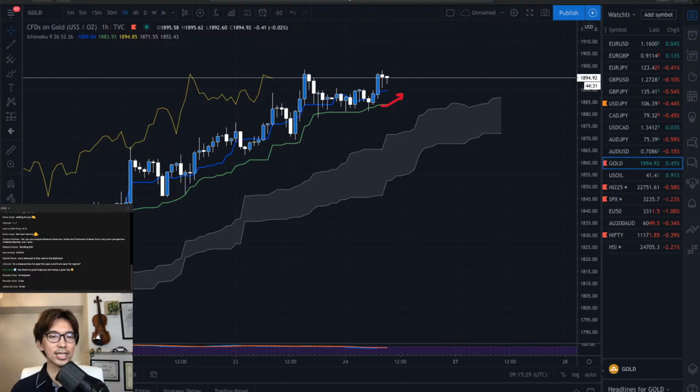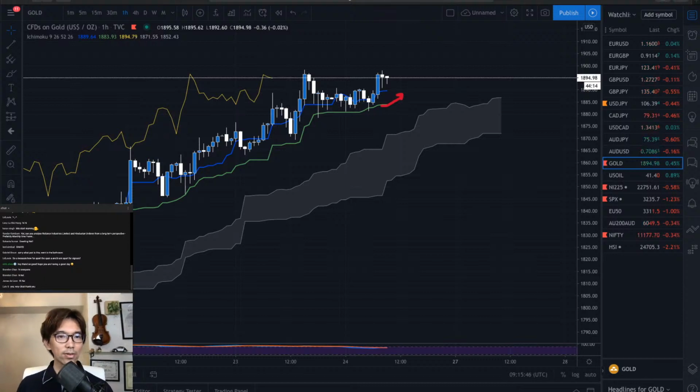Some people say that you better stick with the Tenkan-sen, Kijun-sen crosses, but some other people say that you better stick with the Kumo breakout, or the Kumo twist can be the indication of the retracement or the trend reversal. And also the Chikou breakout is important, blah blah blah, right? So there are lots of signals in Ichimoku, so it might create another confusion when you actually use Ichimoku Kinko Hyo.